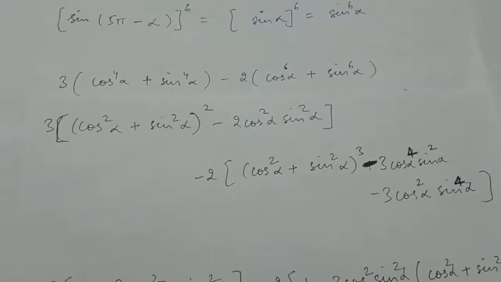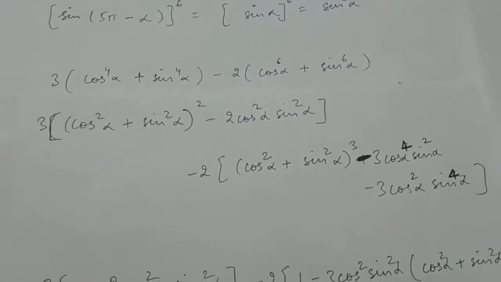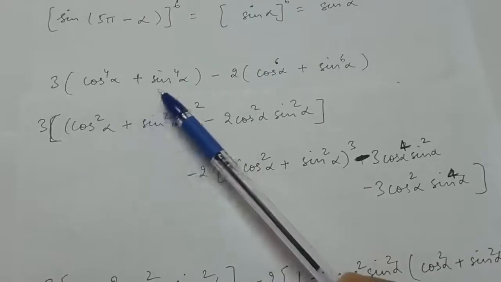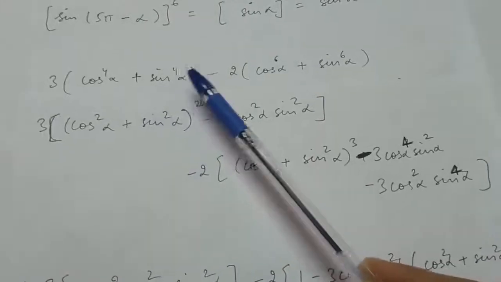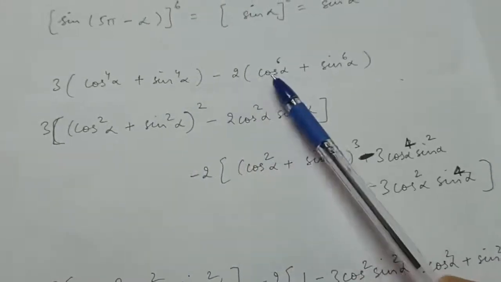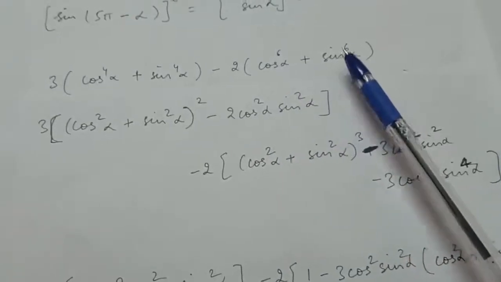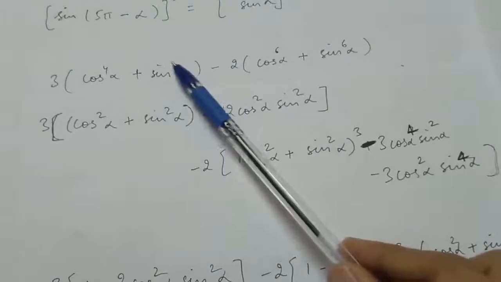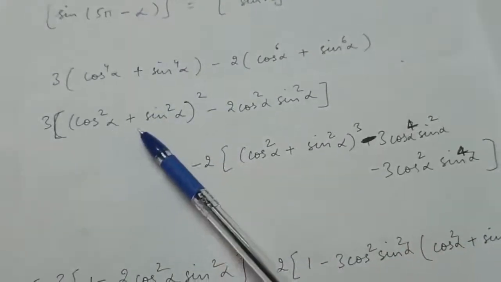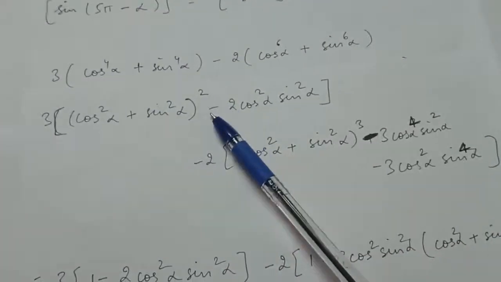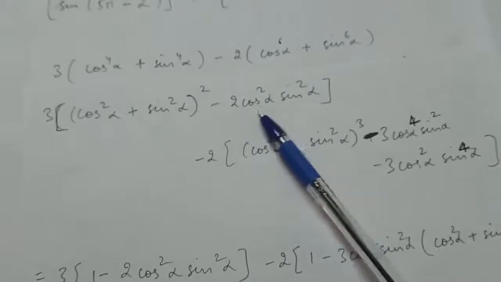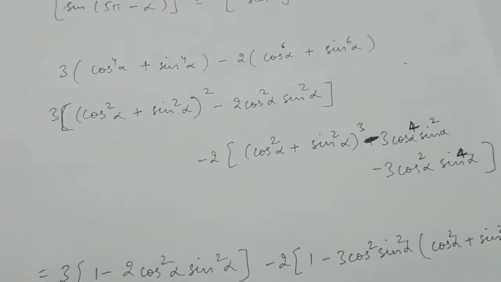Now the given expression will become 3 into cos alpha raised to the power 4 plus sin alpha raised to the power 4 minus 2 into cos alpha raised to the power 6 plus sin alpha raised to the power 6. Now see, this can be written as cos square alpha plus sin square alpha whole square minus 2 into cos square alpha into sin square alpha.